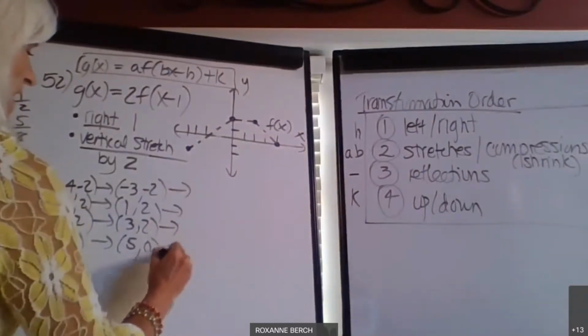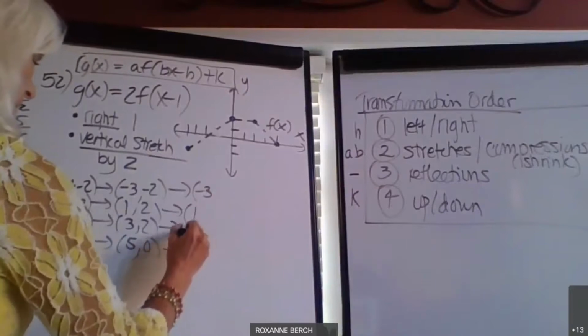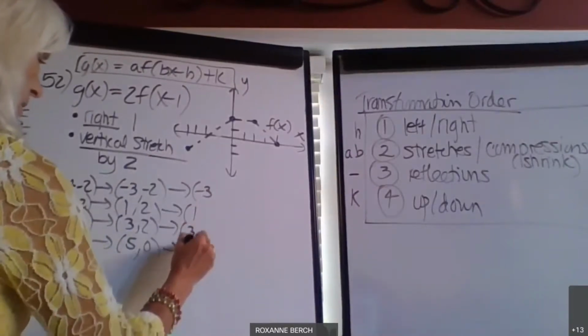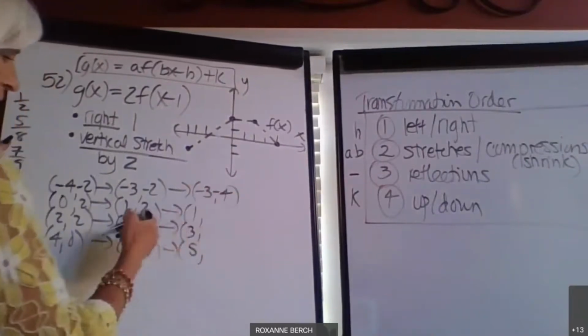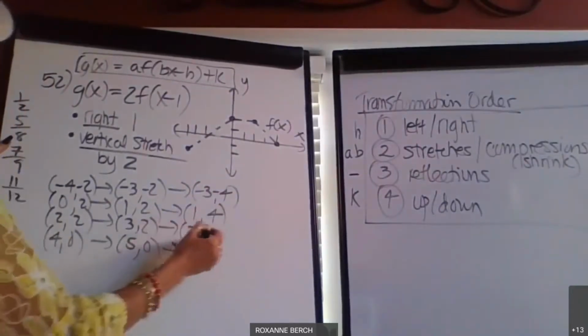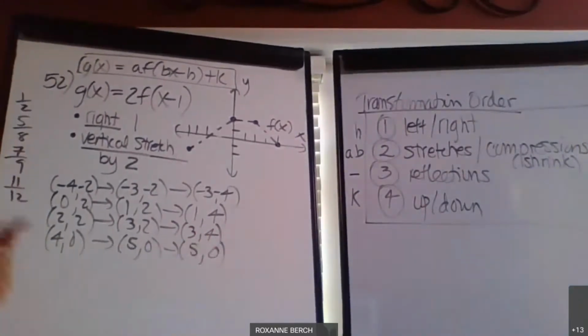Vertical stretch means multiply the y by 2. Multiply the y by 2, for each point. So you're done.